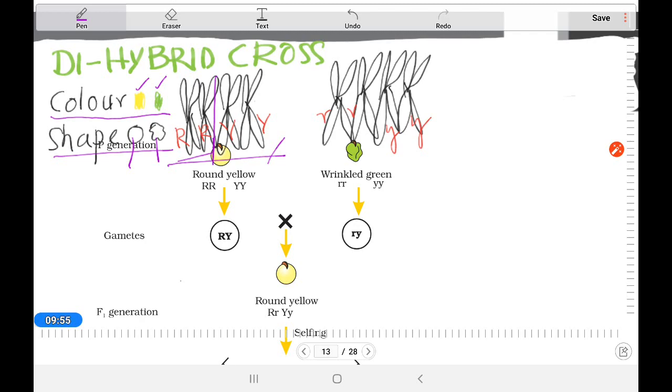Actually it is not, but here you have to understand that. In case of wrinkled and green also, the recessive genes are present in the different homologous pairs.